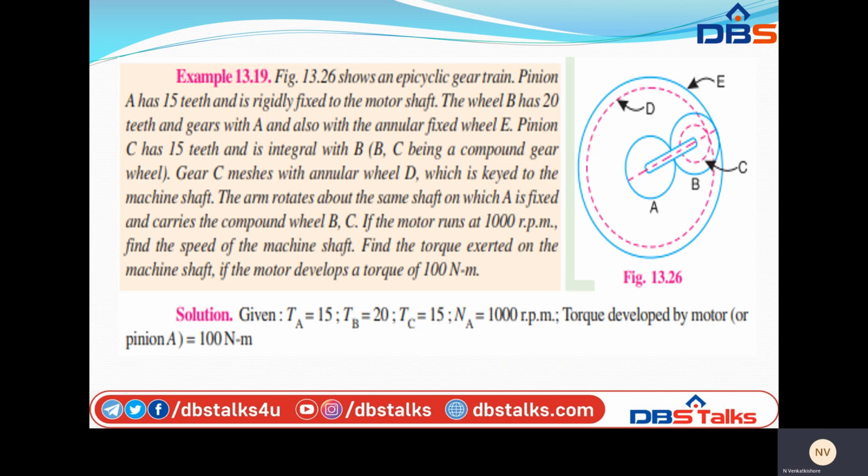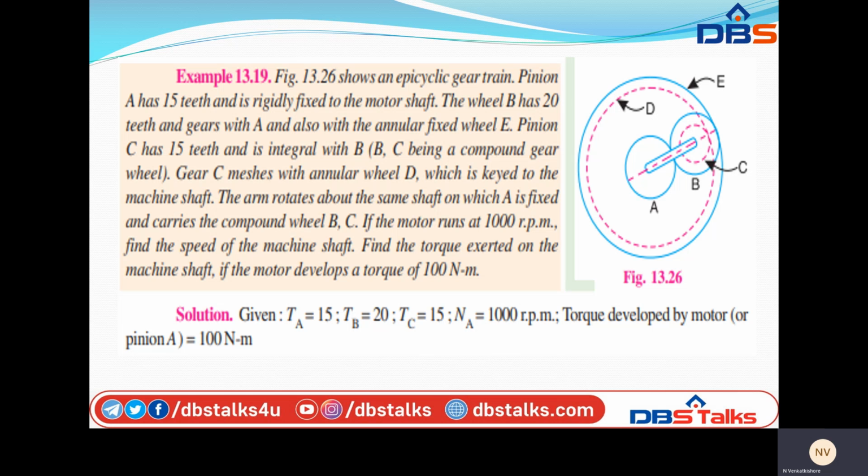The pinion C has 15 teeth and it is integral with B. The gear C meshes with the annular wheel D, which is keyed to the machine shaft.